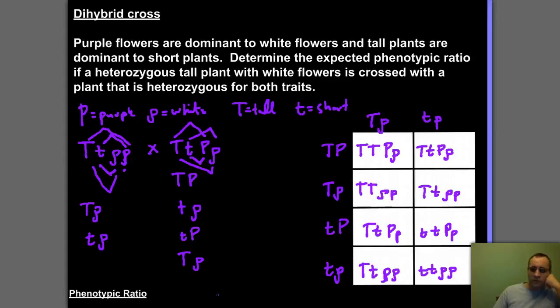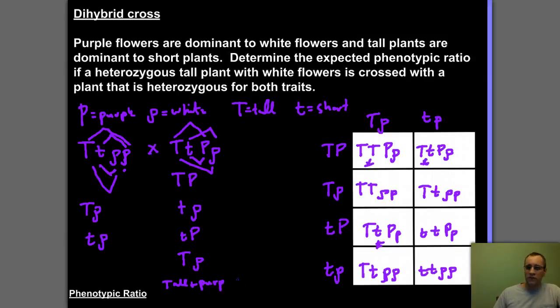Now, we actually need to think about the phenotypic ratio. We need to go through these and identify what we have. So I'm going to say this one, this one are all the same. They all have at least one big T and one big P. So that means they're going to be tall and purple. Tall and purple.